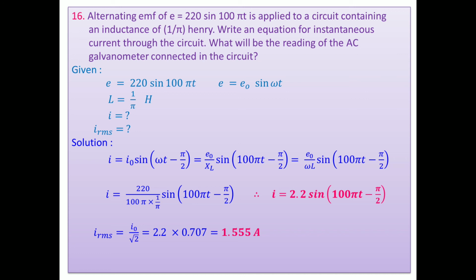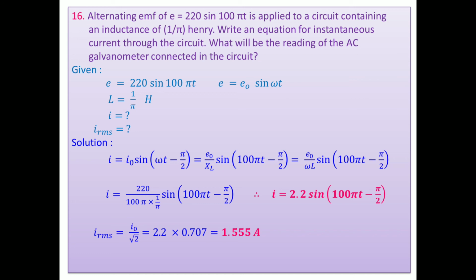Thereafter, I naught is nothing but the peak current, E naught upon inductive reactance, because only an inductor is connected. Here omega is 100 pi. So I equal to E naught upon X L, that is omega L, sin 100 pi t minus pi by 2. This is the equation for the instantaneous current.